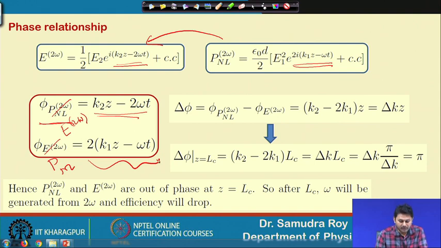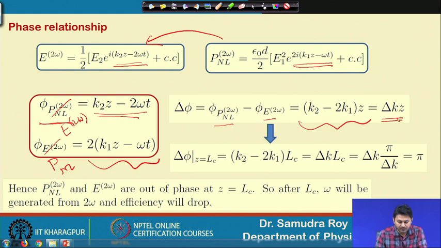Now, if I want to find out the difference between these two phases, we will get an interesting result. The difference between these two phases is nothing but this minus this. If you do the difference, then we will have k 2 minus 2 k 1 times z, which is delta k times z. So, delta k times z is the phase difference between these two.